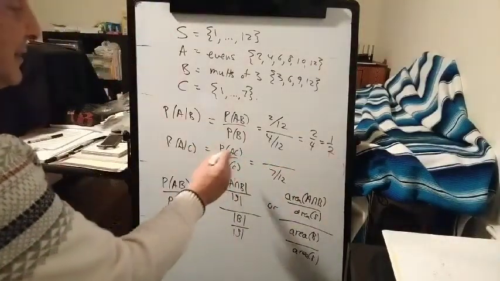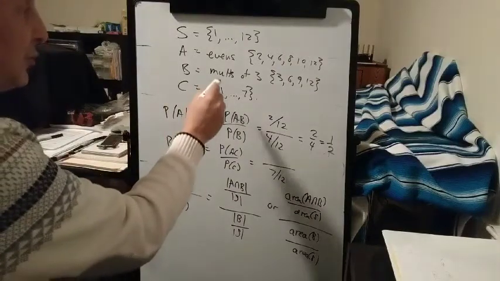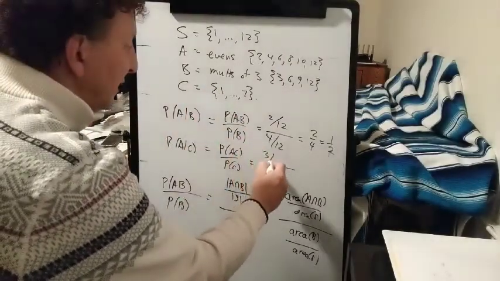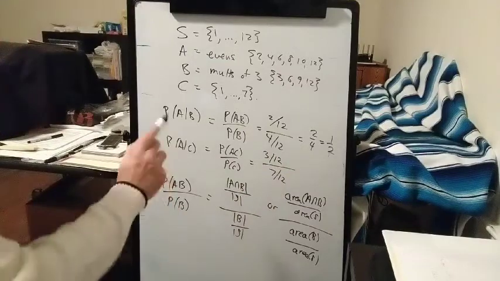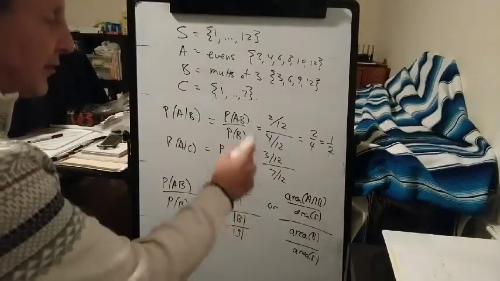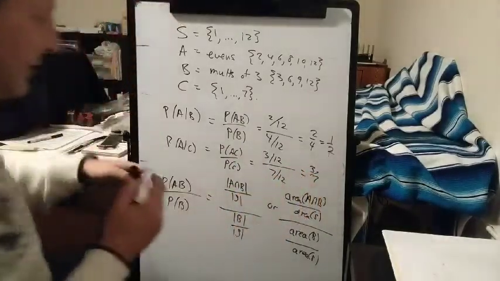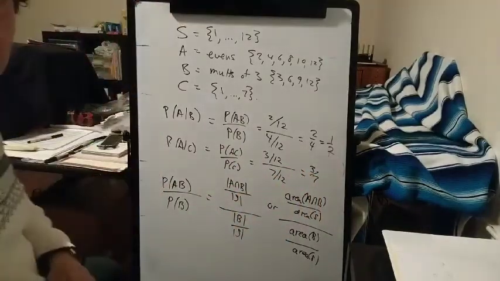Probability of A and C is an even number which is less than or equal to 7. So there's 2, 4, and 6 in there. So 3 out of the 12 numbers are in A and in C. And then we cancel the 1 over 12 from numerator and denominator, and we get 3/7, the same number that we got before.